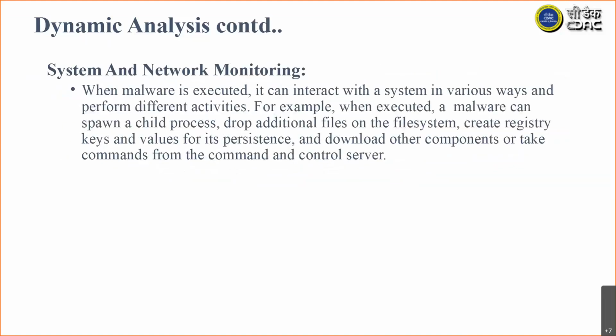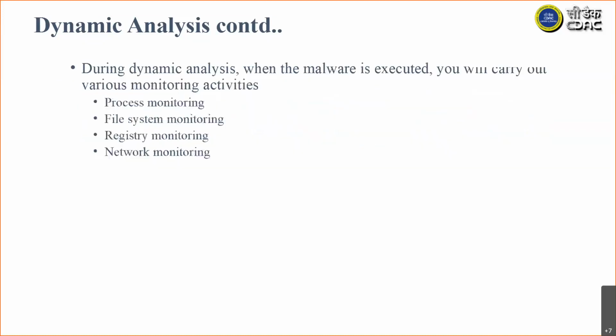So there are different tasks. What monitoring do you have to perform? System and network monitoring. When the malware is executed, it can interact with the system in various ways and perform different activities. For example, it can spawn a child process, drop additional files on the file system, create registry keys and values for its persistence, and download other components or take commands from the command and control server, the C2 server.